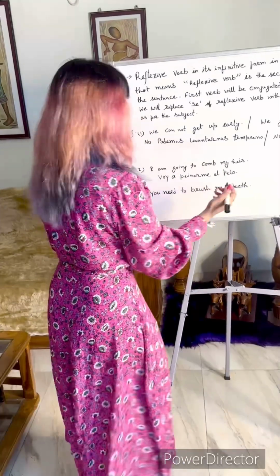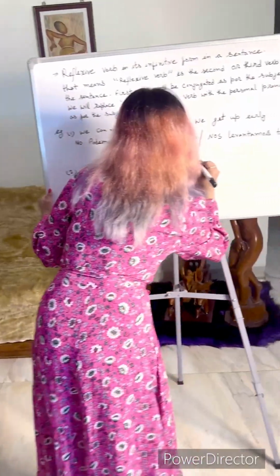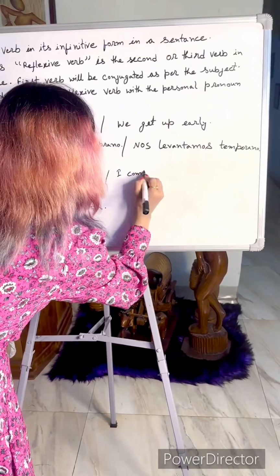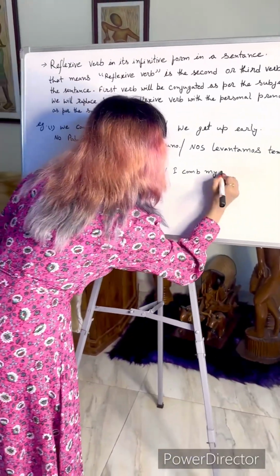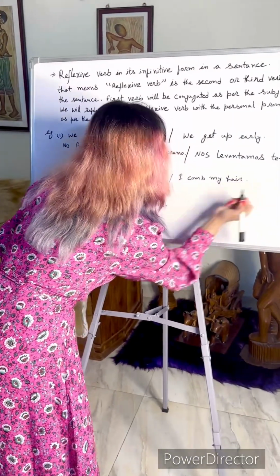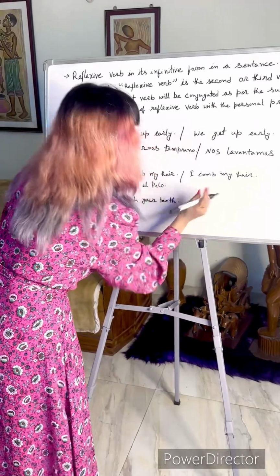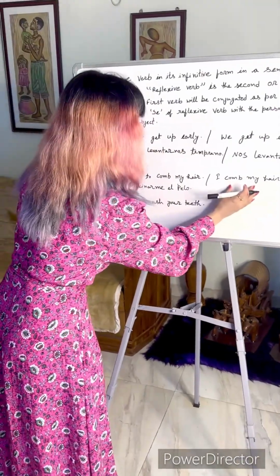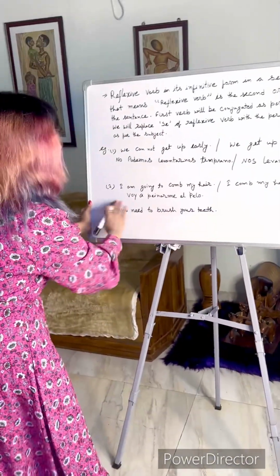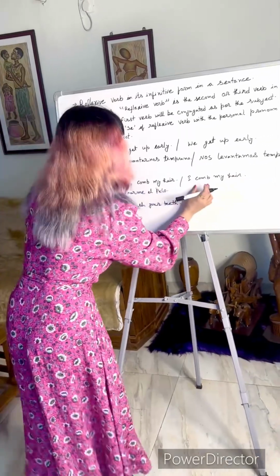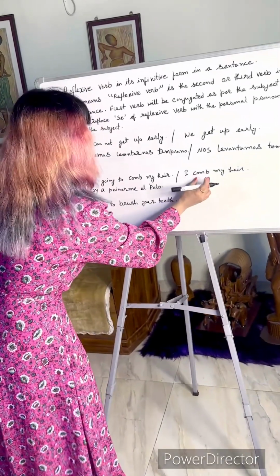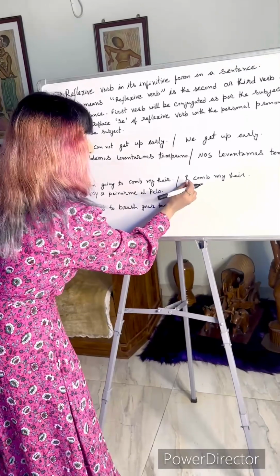And what if you want to say I comb my hair? That would be only one verb, a reflexive verb. There is no other verb. So we'll start our sentence with the personal pronoun as per the subject.